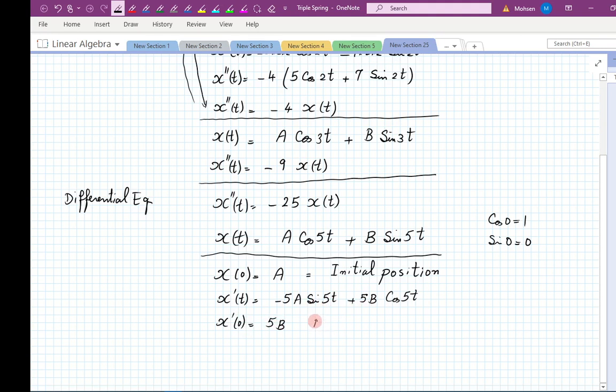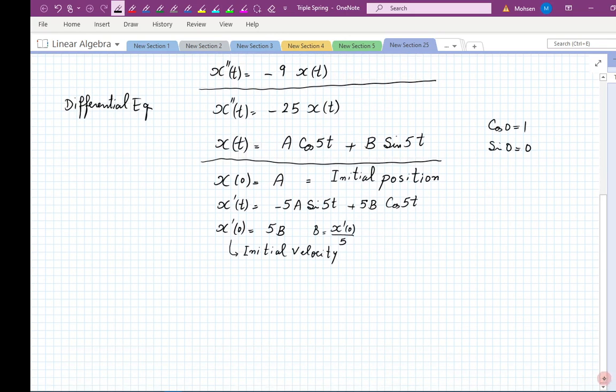So b is going to be x prime of 0 divided by 5. Who's x prime of 0? That's going to be the initial velocity. So this is going to be 1/5 of initial velocity.